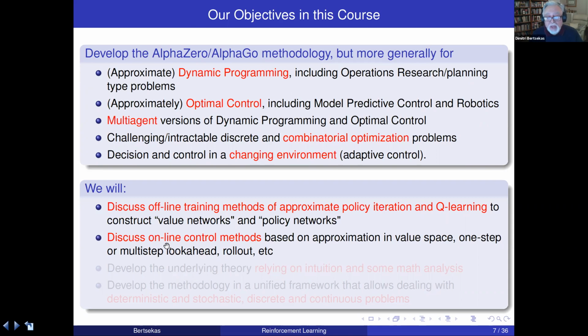We are also going to discuss online control methods based on what we'll call approximation in value space. This is rollout combined with multi-step look ahead and combined with a value approximation.